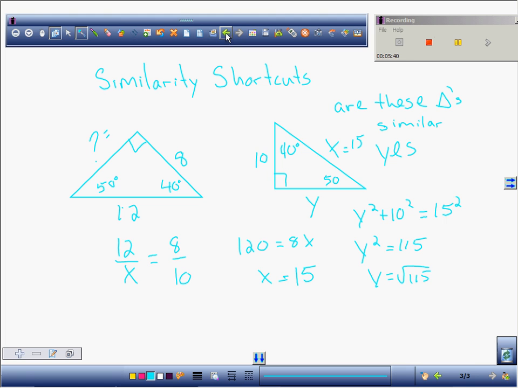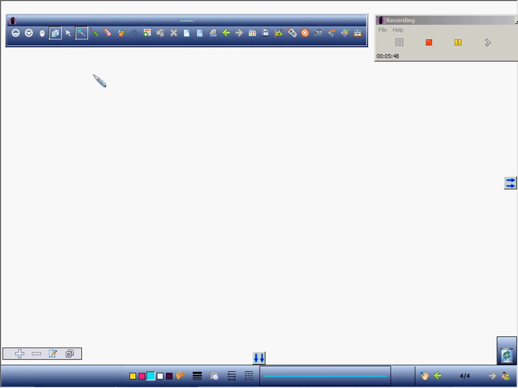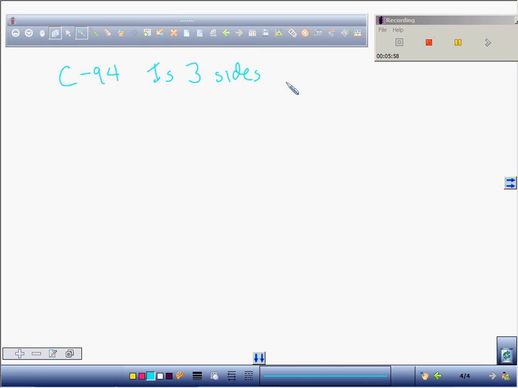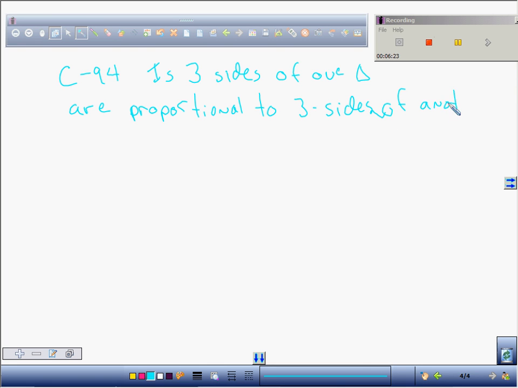Next one. Conjecture C94 says, if three sides of one triangle are proportional to three sides of another, then the triangles are similar.